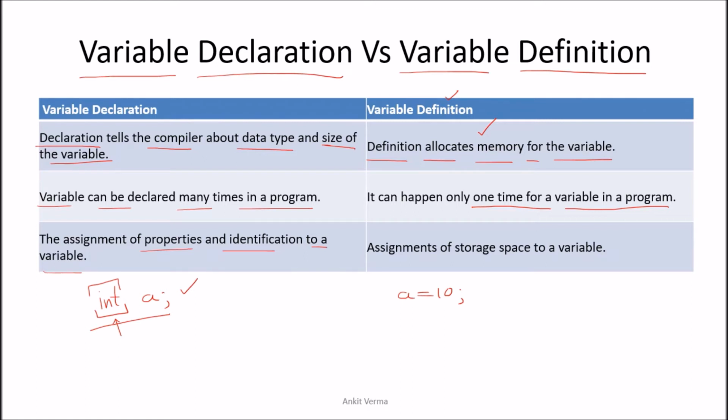Which type of variable I want to define will be defined with the help of declaration. Now the assignment of storage space to the variable is done by the definition. You simply understand one thing: the memory part is taken care of by the variable definition. Otherwise everything is the declaration.